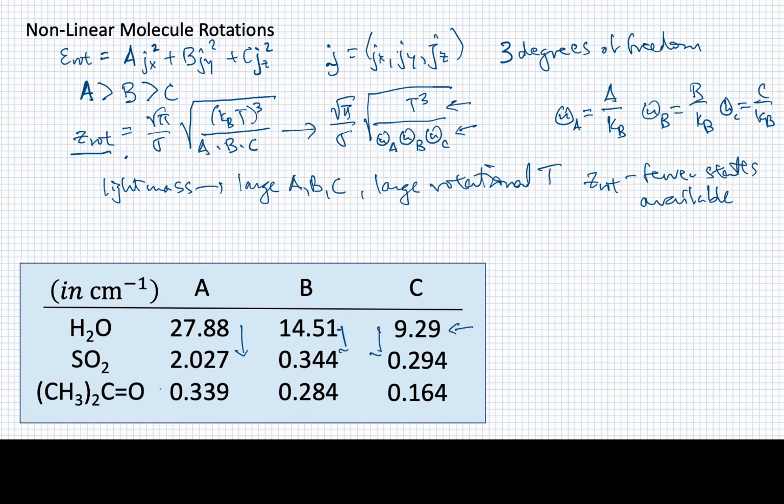It's got a much larger area, and the moment of inertia depends upon how far away the masses are from the center of mass. So once again, we see a reduction by about an order of magnitude, well, at least in the first rotational constant, relative to SO2. So once again, we can see that if a molecule is spread out, it's going to have small rotational constants, and this is going to result in more rotational states available.